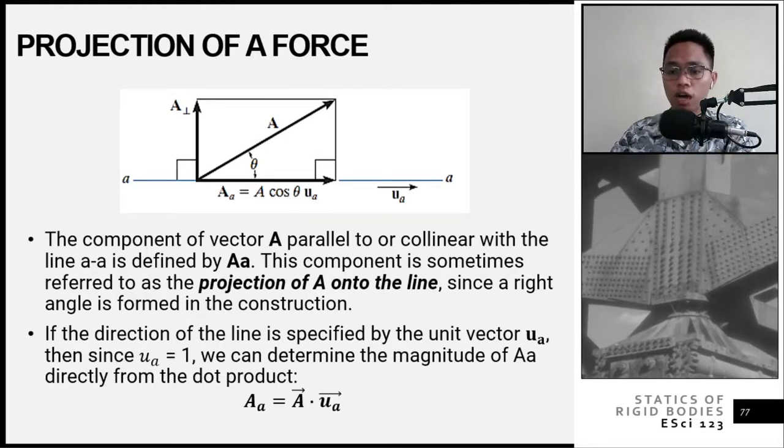Now, how will we convert it to vector projection, or vector notation? We simply multiply it by the unit vector of the line. For example, line AA has a unit vector UA. Therefore, the projection of a force parallel to A in Cartesian vector form is A cosine theta times the unit vector of the line.